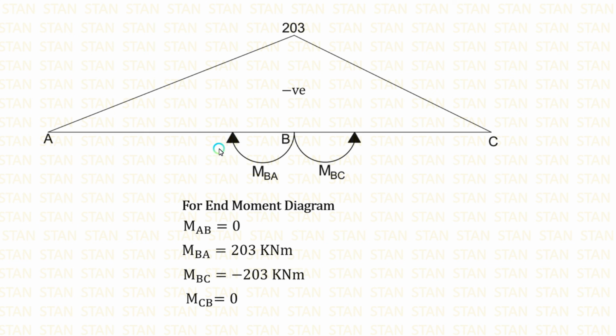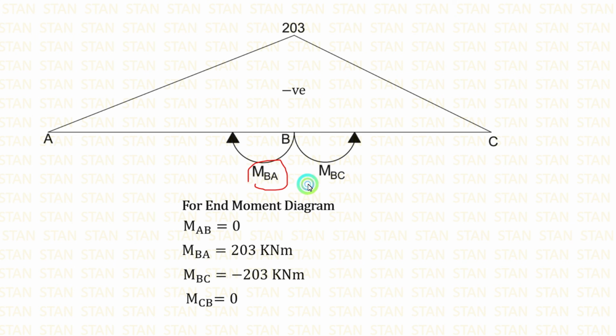For drawing the bending moment diagram, we have to see the direction of the arrows. Both of the arrows are indicating upwards. That means we have to fix this point above this line. Then we can join this point from the point A and from the point C. We already know in the point A and in the point C, the bending moment is 0.